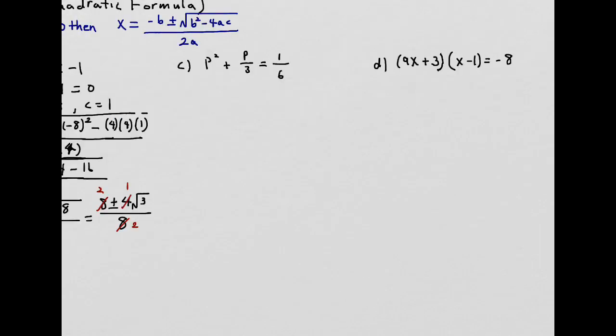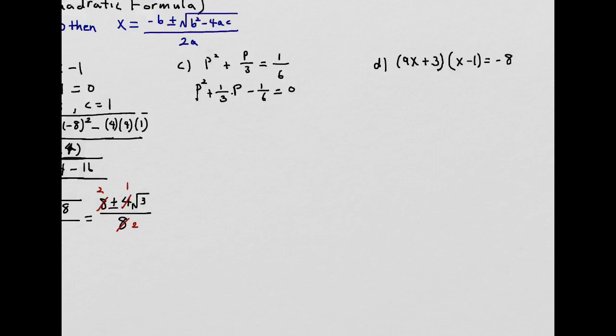Let's look at C. We do exactly the same thing with all these types of problems: if you decide to use the quadratic formula, make a standard form first, equals to 0. If you want to pull the value into the coefficients, we can pull 1/3 times p, and then subtract 1 over 6 equals to 0. You can use A as 1, B as 1/3, and C as negative 1/6.